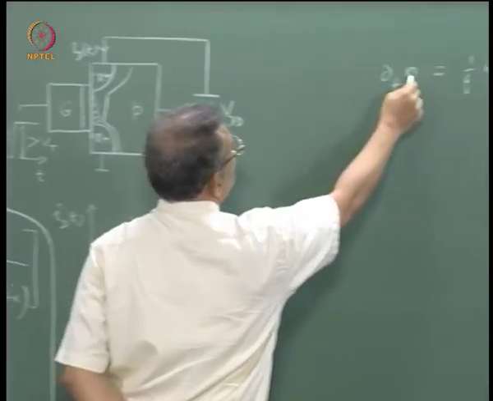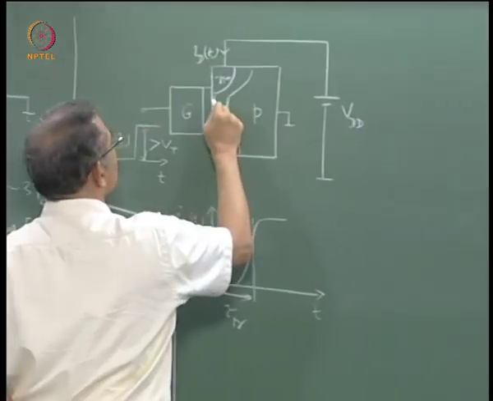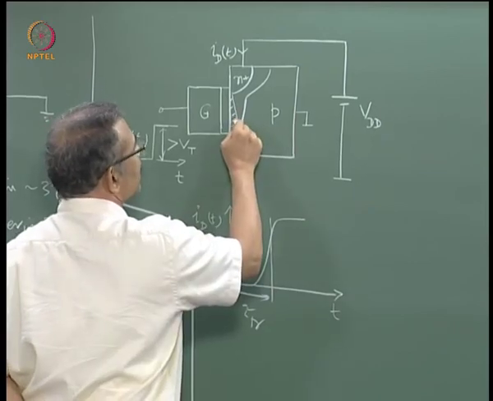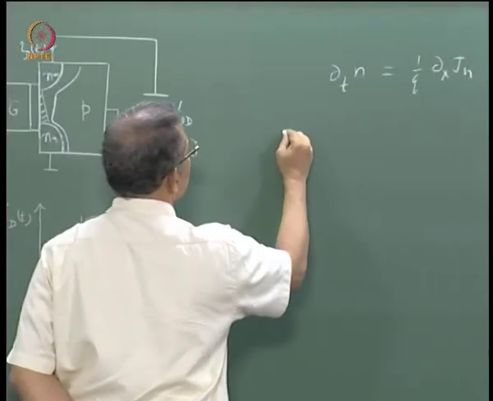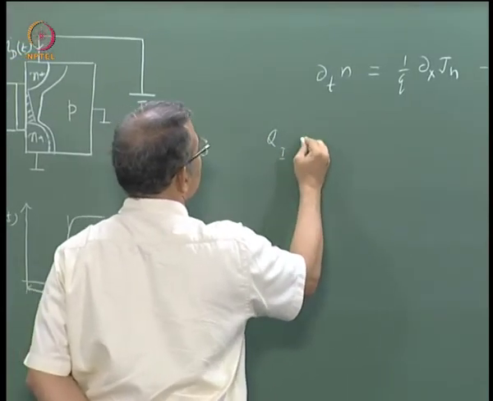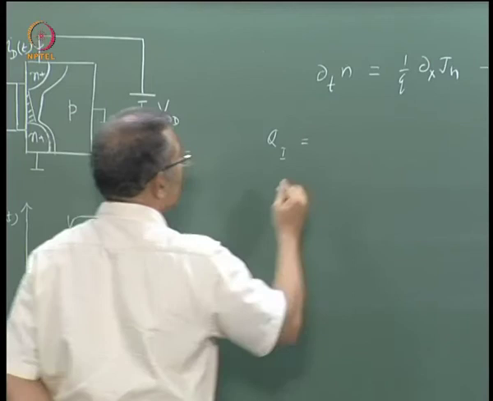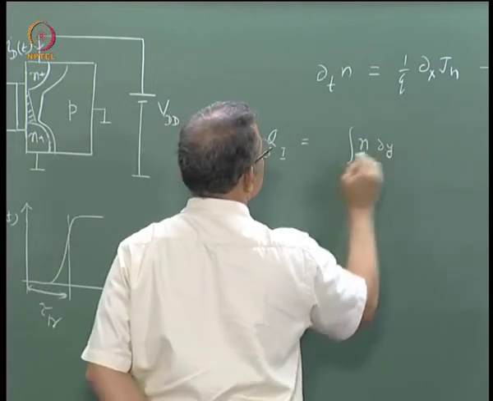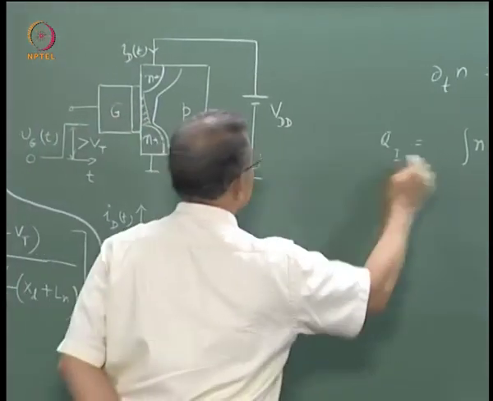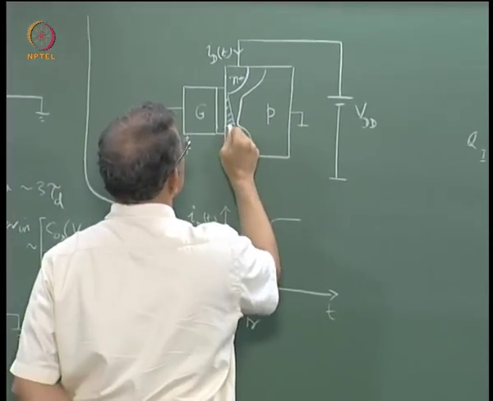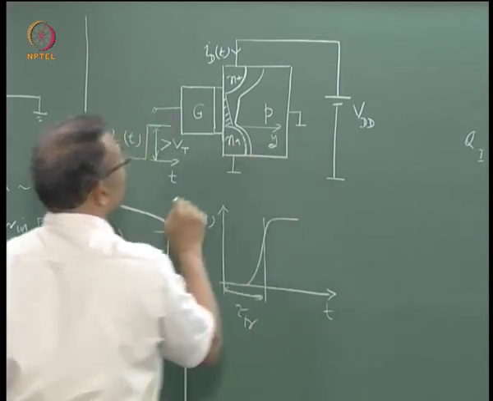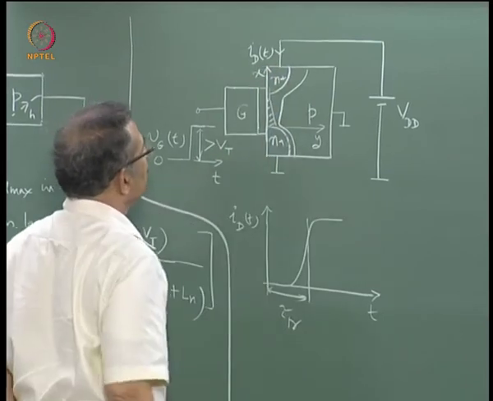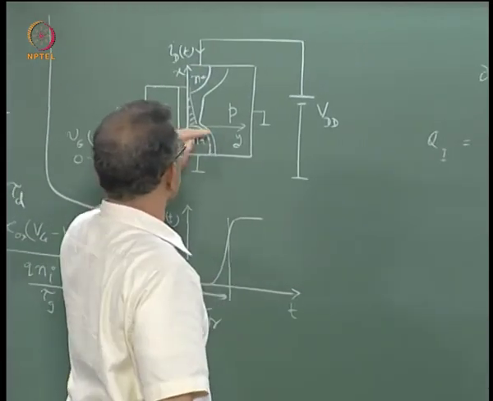The n is the electron concentration here that is causing the inversion layer, right. So now how do I write a formula for the inversion charge? You know that Qi, the inversion charge, can be written as the integral of the electron concentration over dy, that is y. So in this case we will assume that this direction is y and this direction is x. So integrate along this direction.